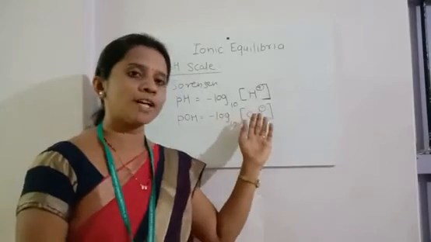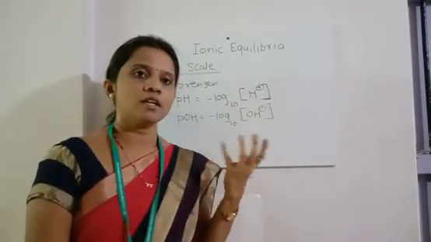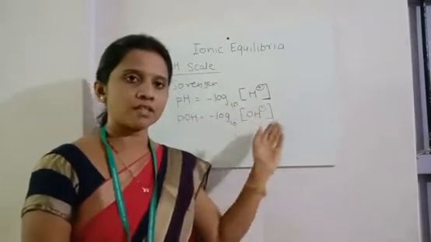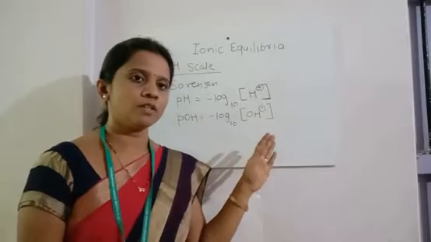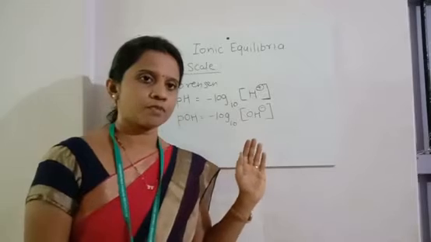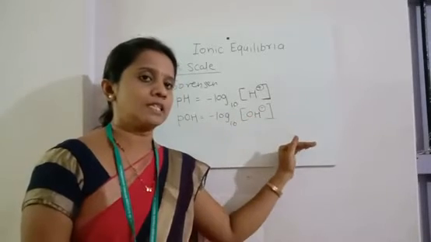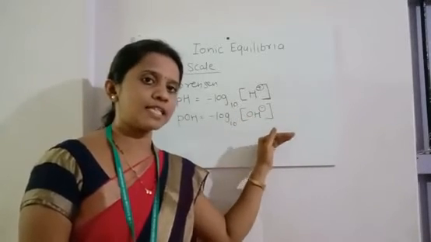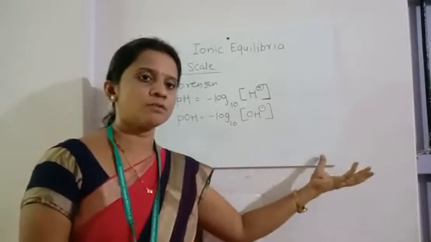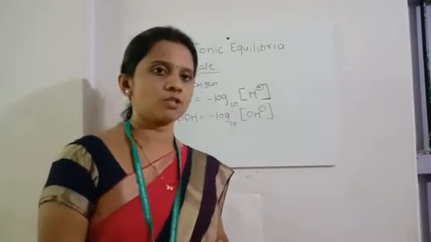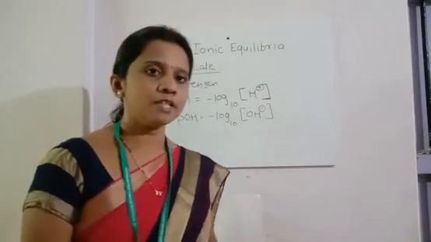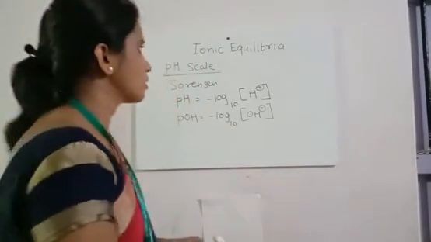So instead of writing the concentration in mole per decimeter cube, he preferred this method of logarithmic calculation to determine the pH and pOH of a given solution. Now there is a pH range for acidic, basic and neutral solutions from which we can determine their nature.